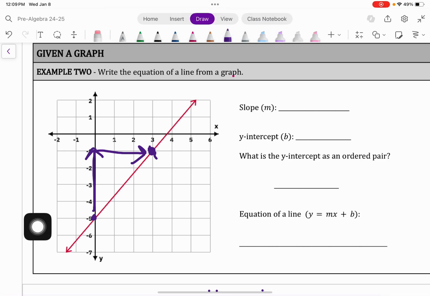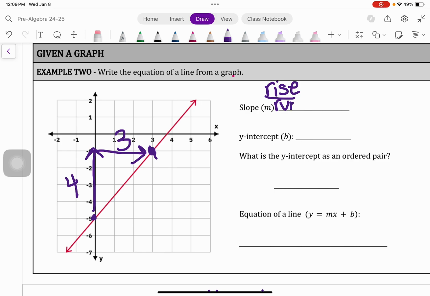I notice that my y value is counting by 1s and my x value is also counting by 1s, so that makes it easier. I can just count the boxes: 1, 2, 3, 4, and then 1, 2, 3. So remember, slope is rise over run.